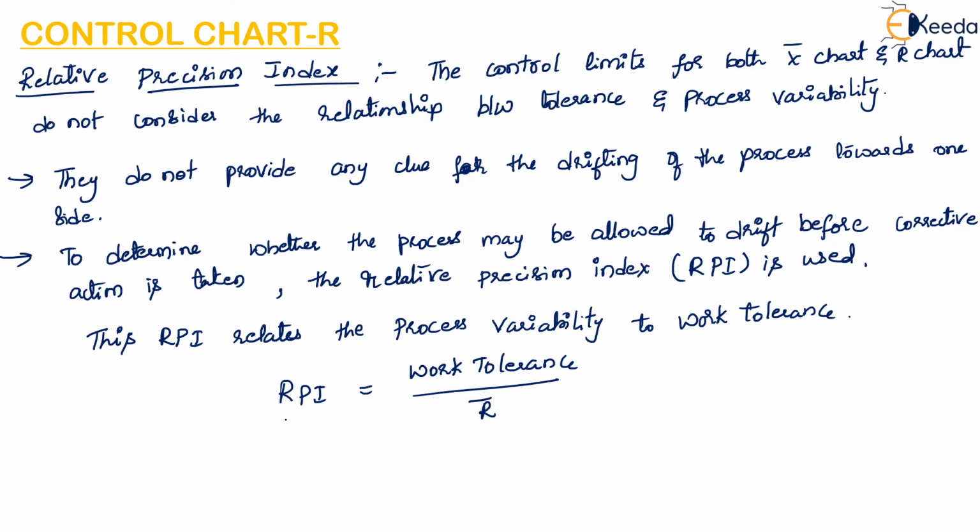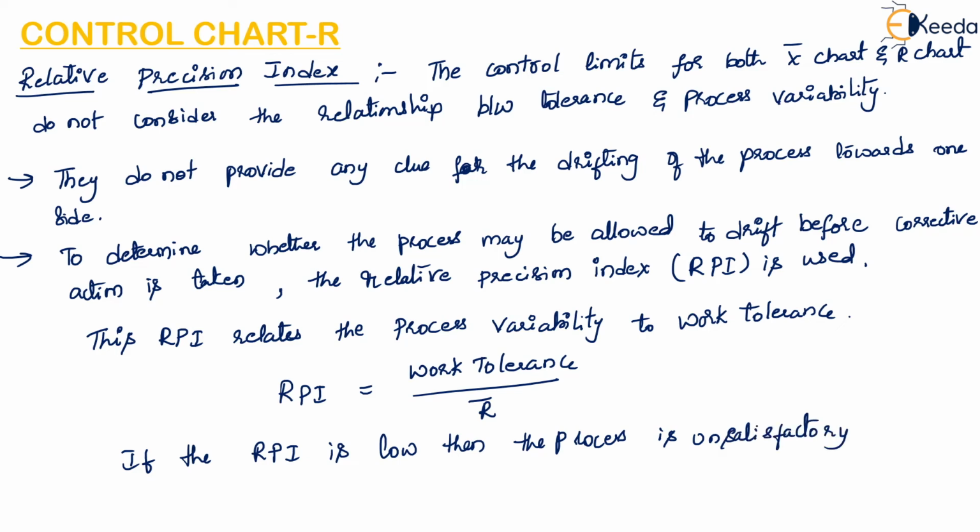If low, the process is unsatisfactory and likely to produce defective parts. If the RPI, that is relative precision index, is low, then the process is unsatisfactory and is likely to produce defective parts.